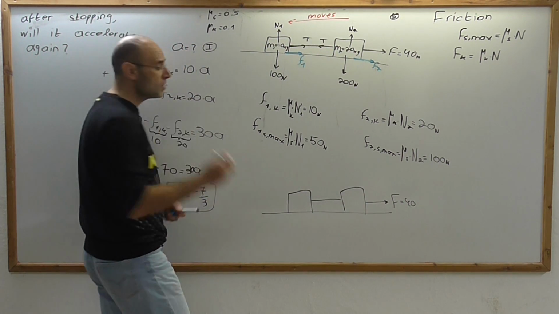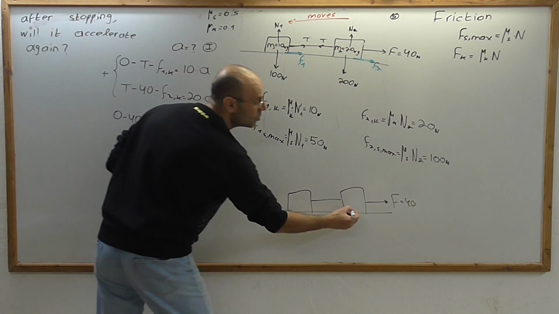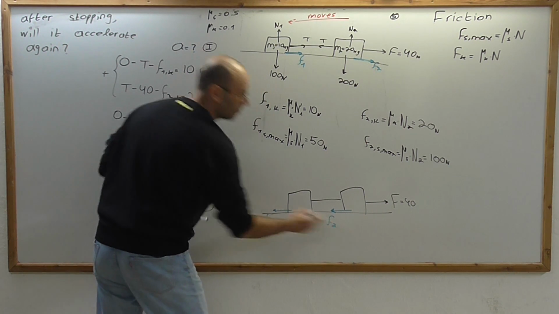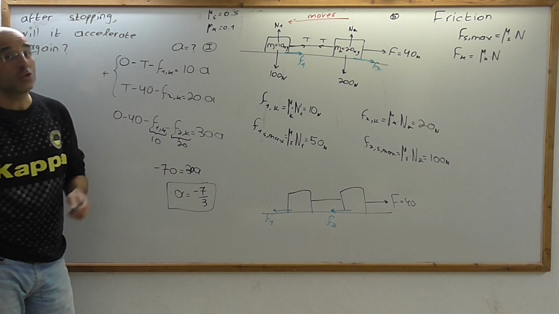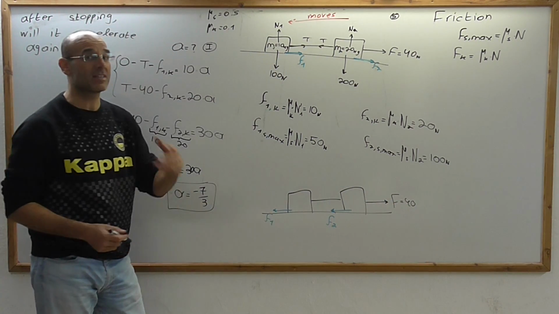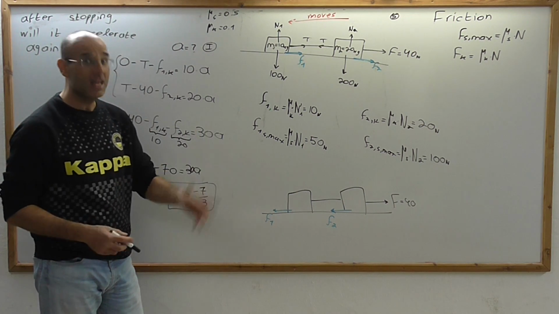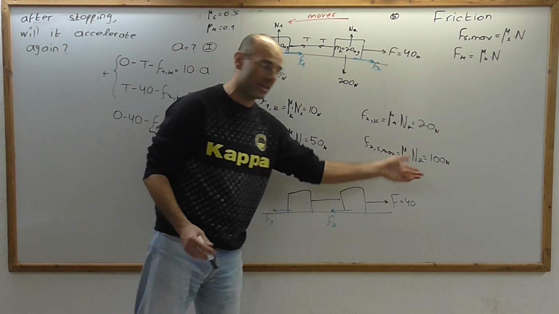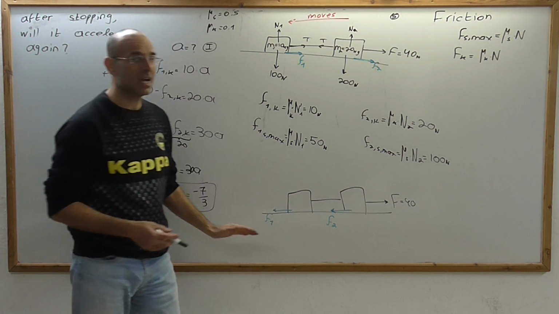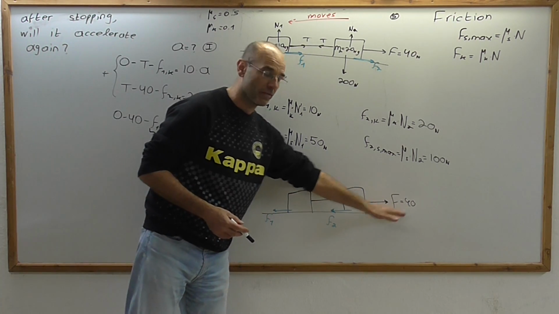So the friction force will be to the left. F1, F2. And now I need to check whether the 40 can overcome the maximal friction force that can be. If it overcomes, it will move and these forces will be kinetic. If it can't overcome, they will adjust to the pulling force.